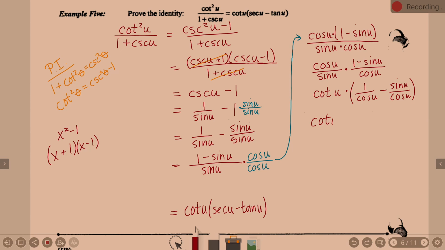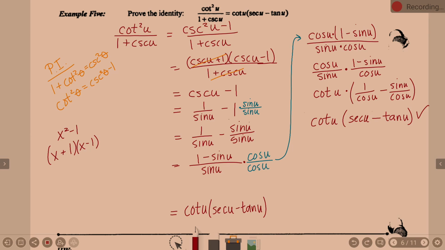Cotangent u is already out front. 1 over cosine u is secant u, minus sine u over cosine u is tangent u. Took some work, but we got there. If you find a more direct route, I'm more than willing to consider it, but I don't have a more direct route. Sometimes you have to kind of work around.